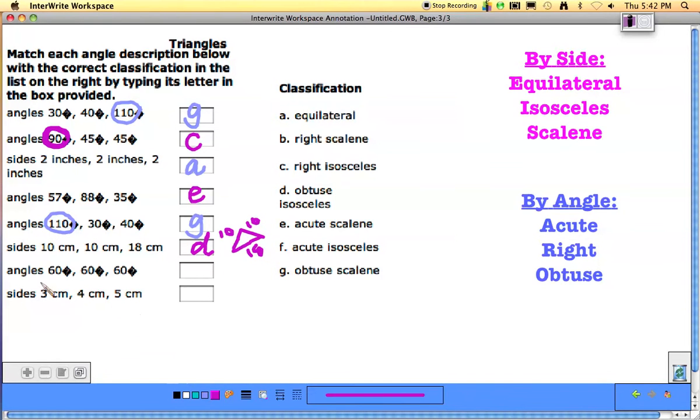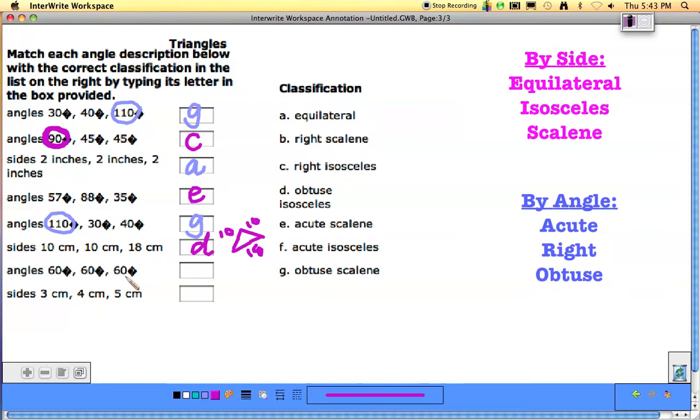The next one is where we have angle measurements that are 60 degrees, 60 degrees, and 60 degrees. Well, if I have all equal angle measurements, it is an equilateral triangle. I'm not sure why it doesn't have an equilateral with another name, but since the angles are all less than 90, it's going to be an equilateral and it's going to be acute, okay?